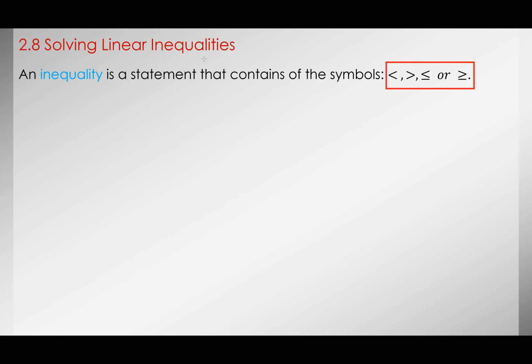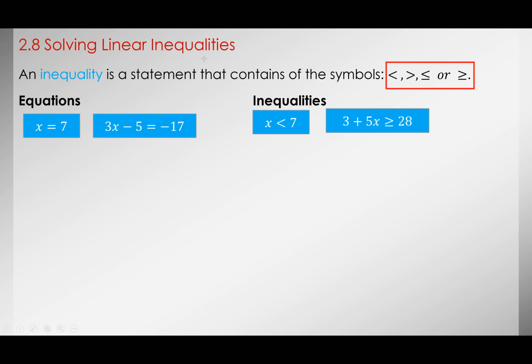In our objective for today, if we have an inequality, and this is what I mentioned to you guys yesterday, what is the main difference between an inequality versus an equation?